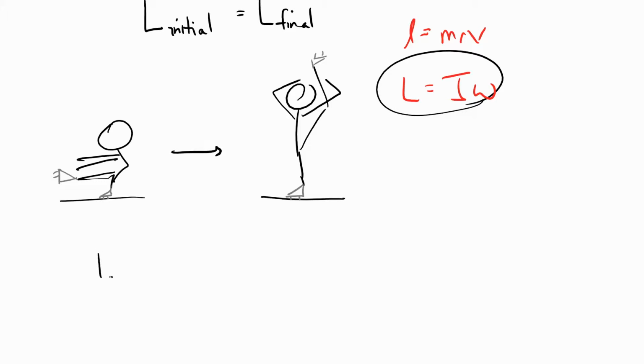So what we're saying here is that the initial I times the initial omega will equal the final I times the final omega. Because it turns out, as the skater lifts her leg and compacts herself or himself, not only does the skater's rotational inertia change, but the skater's rotational velocity changes.